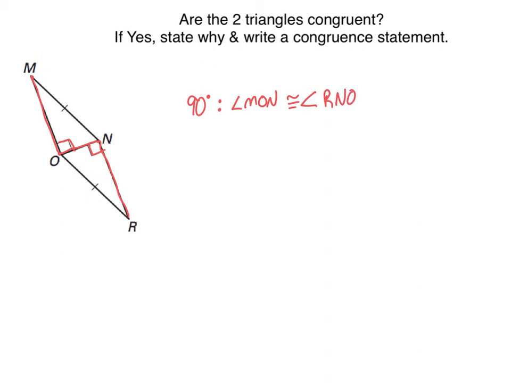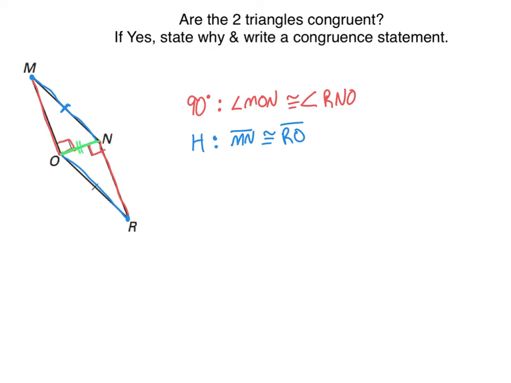That's how they're congruent. Now notice this segment here is in fact the hypotenuse, and that is segment MN, congruent to, so I went top to bottom on that one, so then I'd have to follow from bottom up, RO, to make a congruent statement. And then notice that they both share this segment.